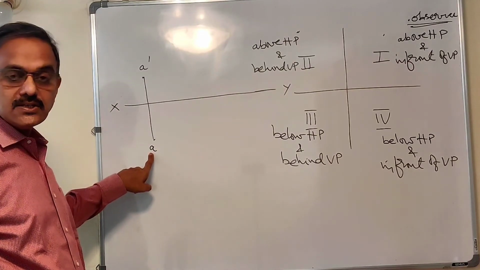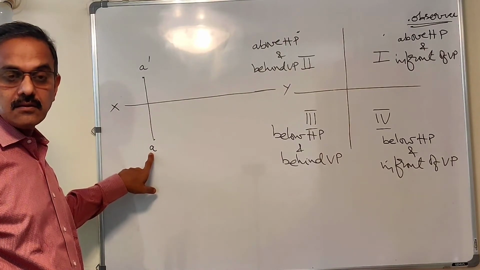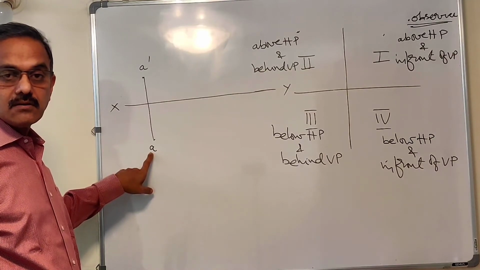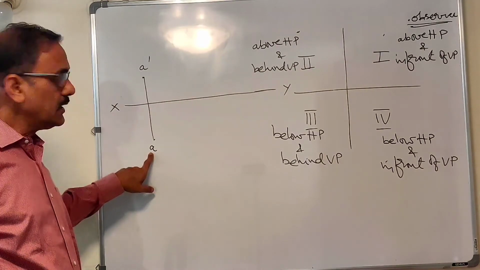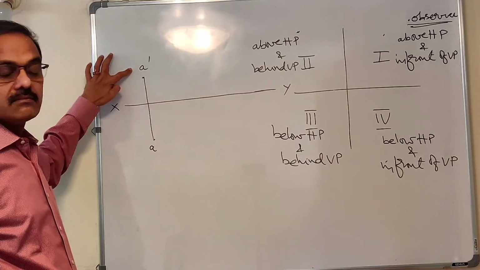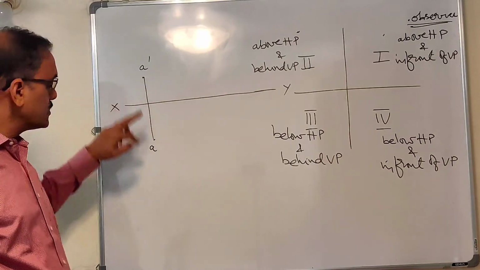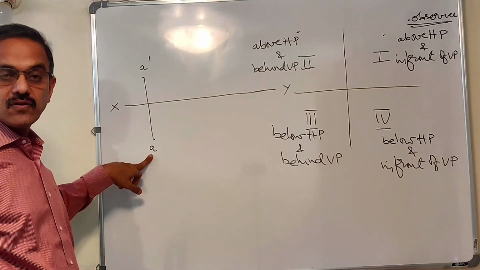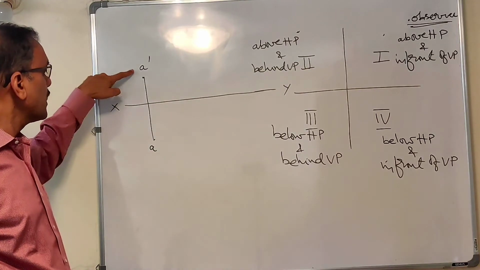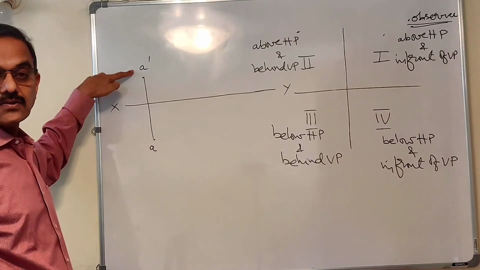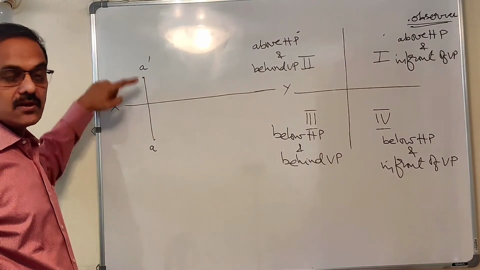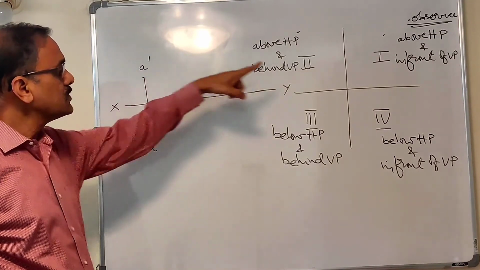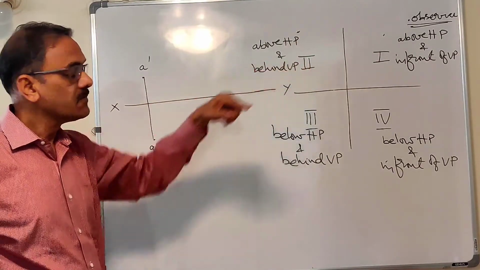The point A is in front of VP and above HP. Is it not? This is the top view. The top view is below XY, so I can say it is in front of VP. This is the front view. It is above XY, so it is above HP. So in front of VP and above HP, which quadrant? It is the first quadrant.